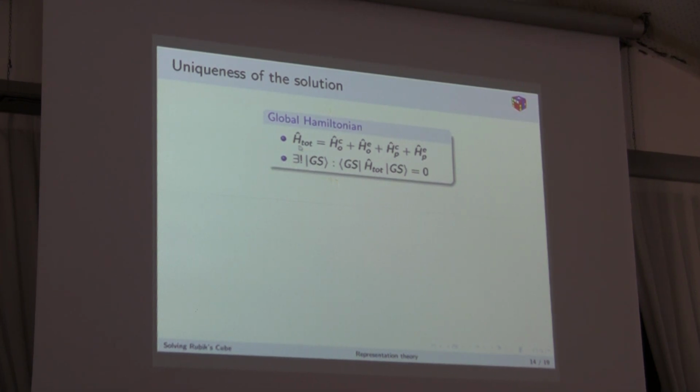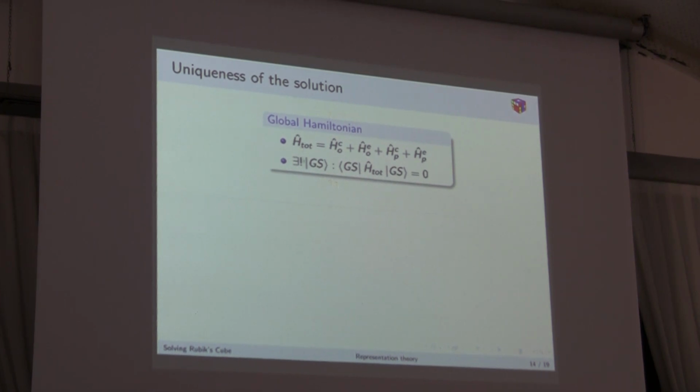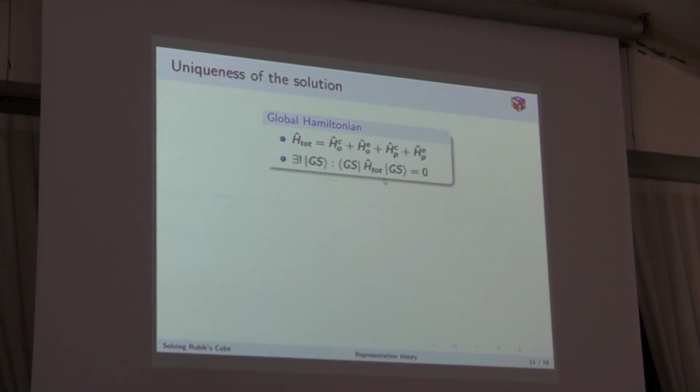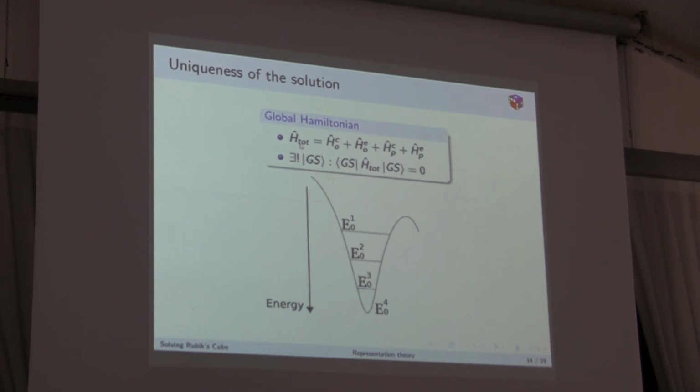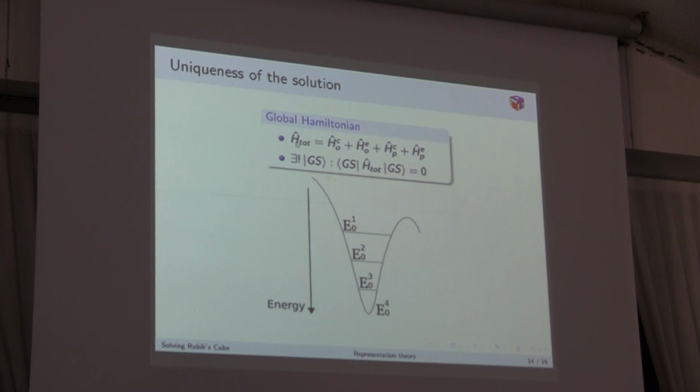And the overall Hamiltonian has an interesting property: there exists only one ground state, which matches the solved state of the cube. Finding the ground state of the overall Hamiltonian is a very hard task.